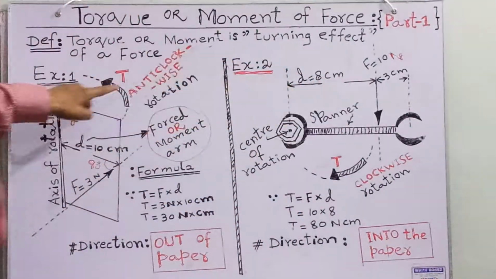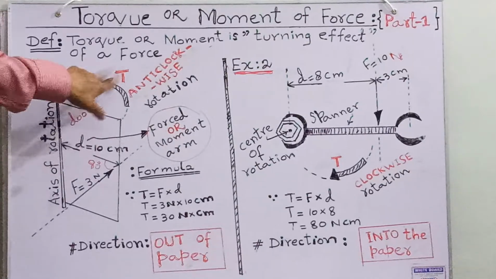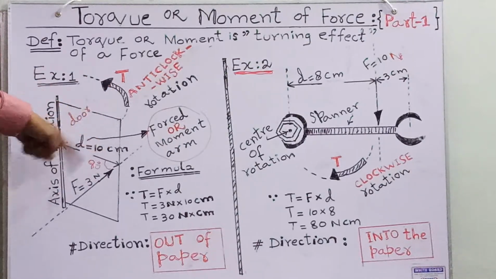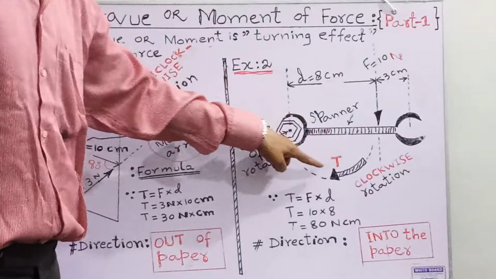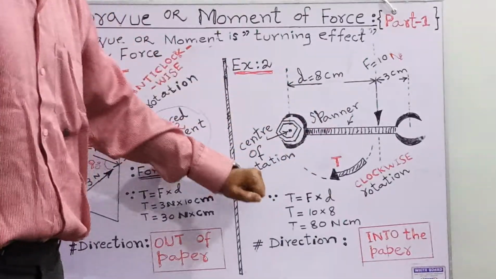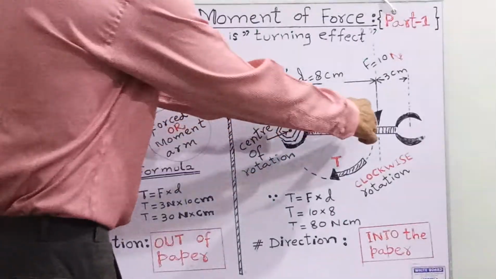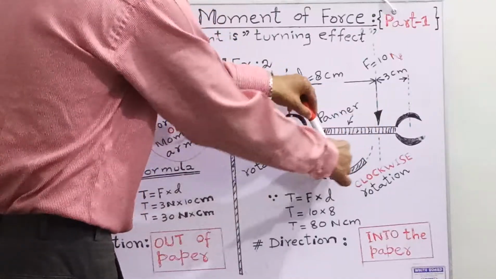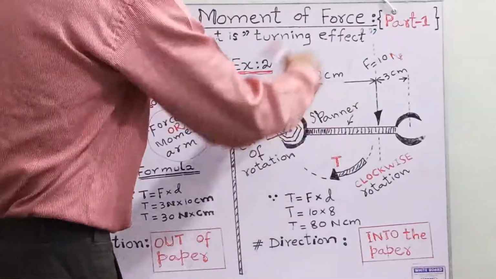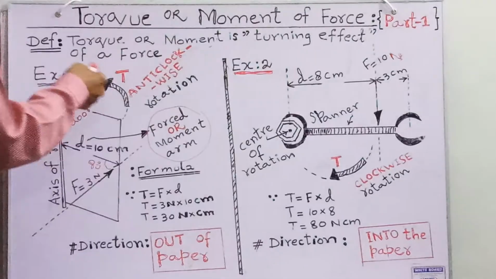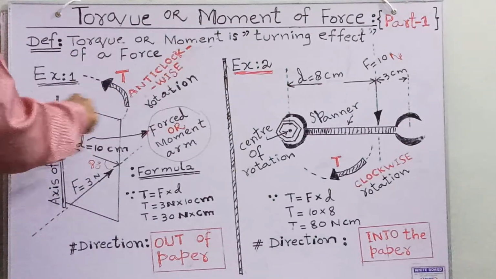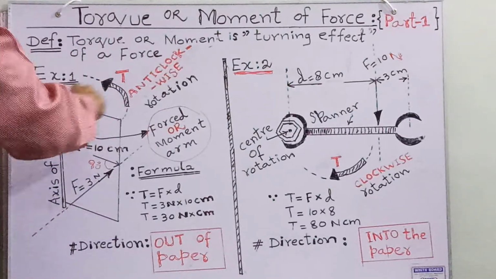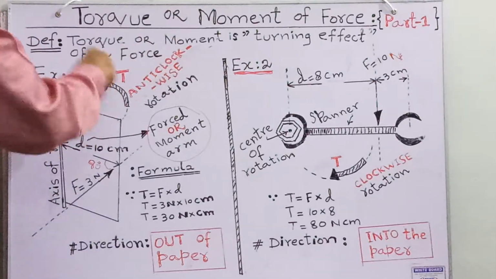In this example, this turning effect is produced by this force. Similarly, this turning effect is produced by this force, and it shows that the body will turn or rotate in this direction, like that. As this body is rotating in this direction, it is an anti-clockwise rotation.